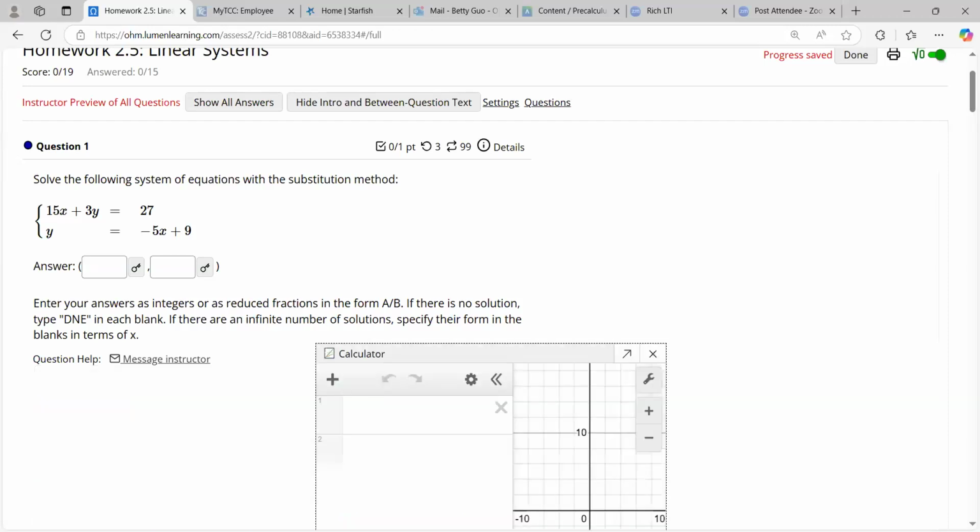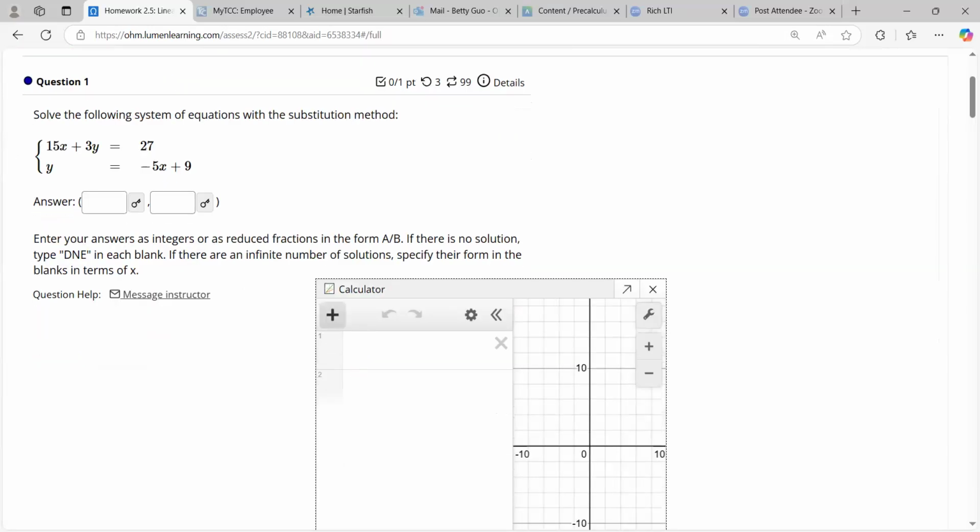So this is a graphing calculator. I never actually use it, but let's try. If you enter the first equation, 15x plus 3y equals 27. That's the first equation, right?